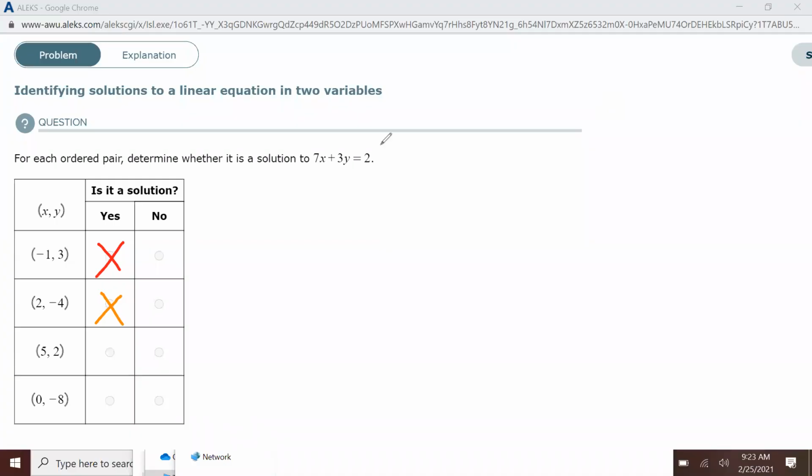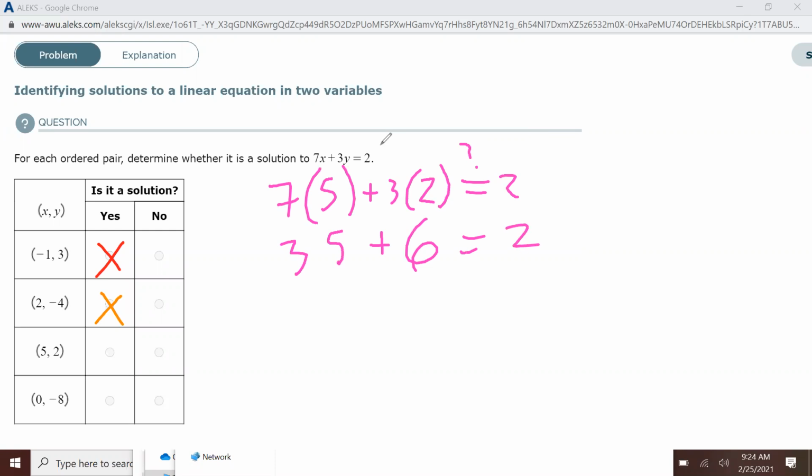Let's try the next one. I replace x with 5 and y with 2, and maybe they're equal. Upon simplifying, I get 41 = 2, which is only true in government accounting, but not in the real world. So, not a solution.